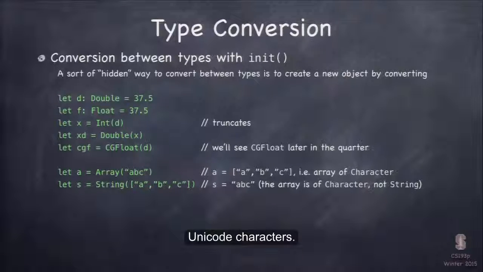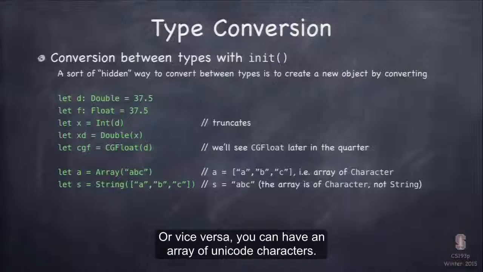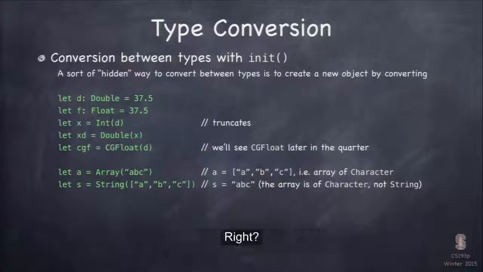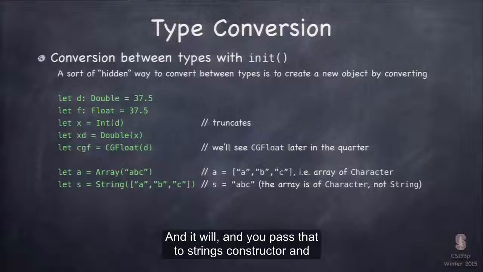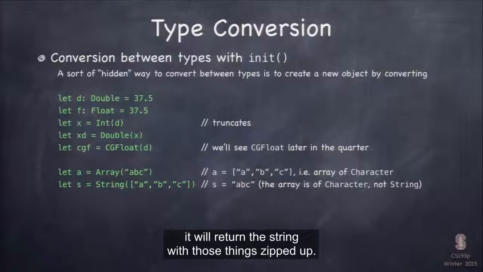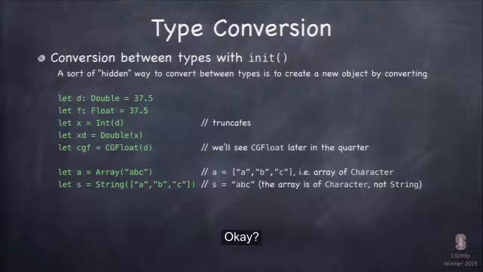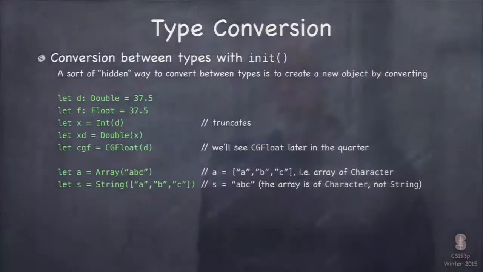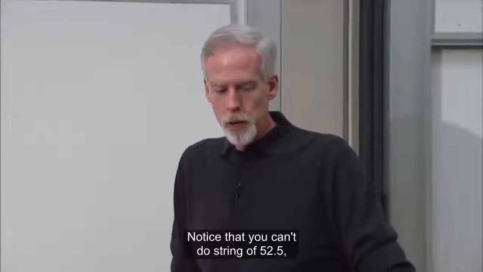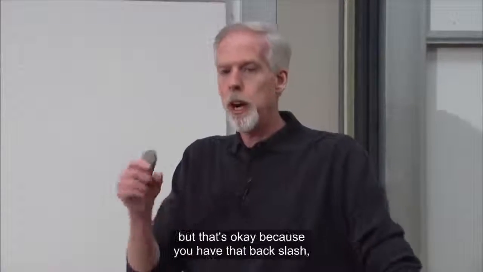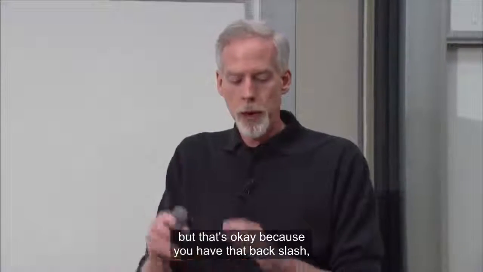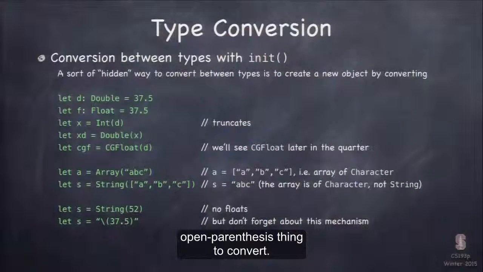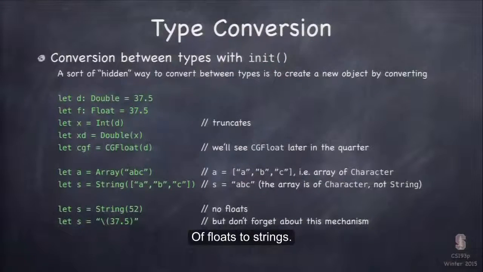Or vice versa, you can have an array of Unicode characters, and you pass that to String's constructor, and it'll return a string with those things zipped up. So there's kind of a hidden thing there. Notice that you can't do String of 52.5, but that's okay because you have that backslash open parentheses thing to convert floats to strings.